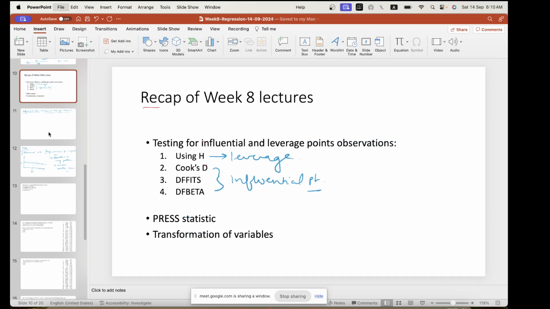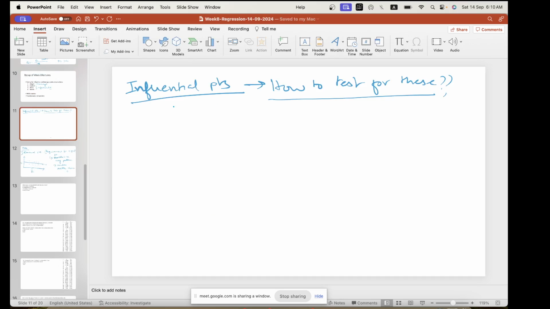Fine. So the first thing that we can use to test whether a point is influential or not is Cook's distance. Okay, and how do we calculate Cook's distance and what is it? We are going to learn very shortly.